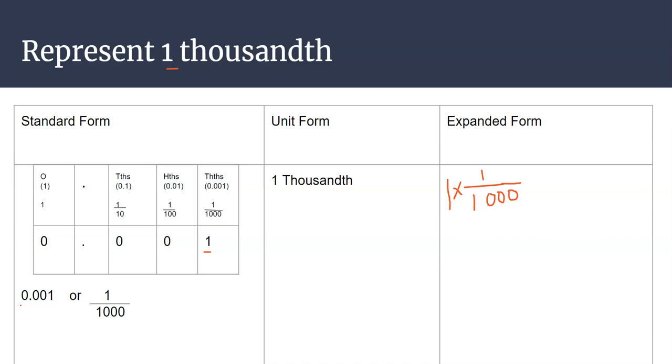This is one way of doing it with fractions, or I can write it as 1 times 0.001, because I have my tenths, hundredths, thousandths. These are both different ways that I can write it in expanded form, and then we put parentheses around each place value to kind of mark as we go along.